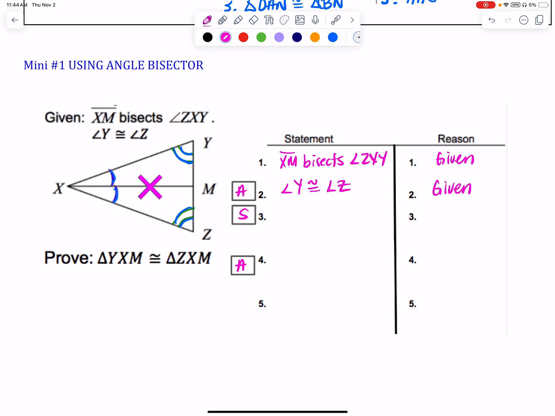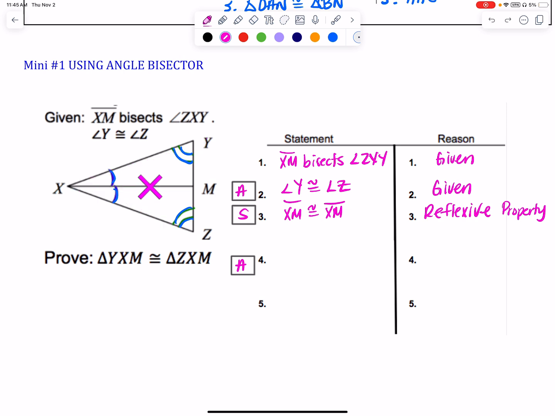My side is XM is congruent to itself. Reflexive property. It sounds like a reflection. Because this triangle has XM as a side, and the top triangle has XM as a side, that side is congruent for both those triangles.